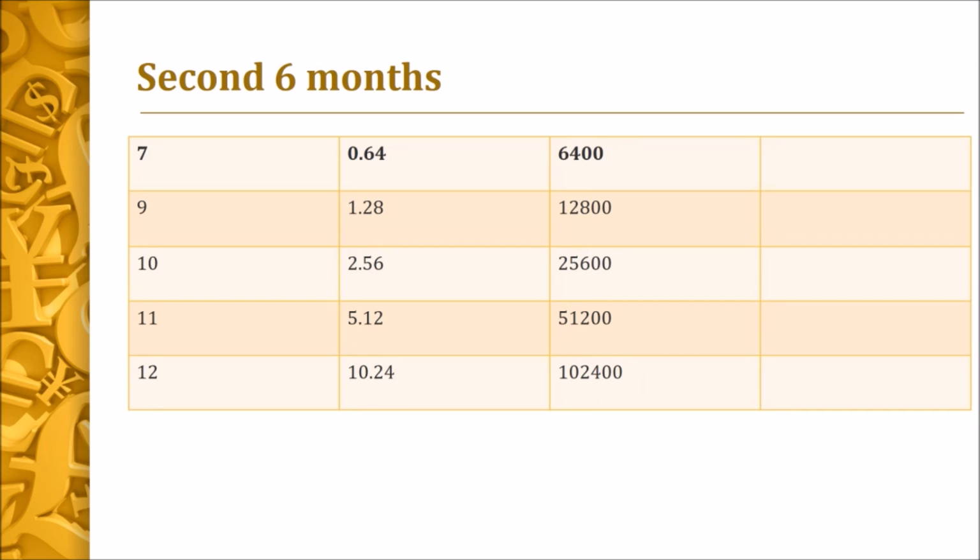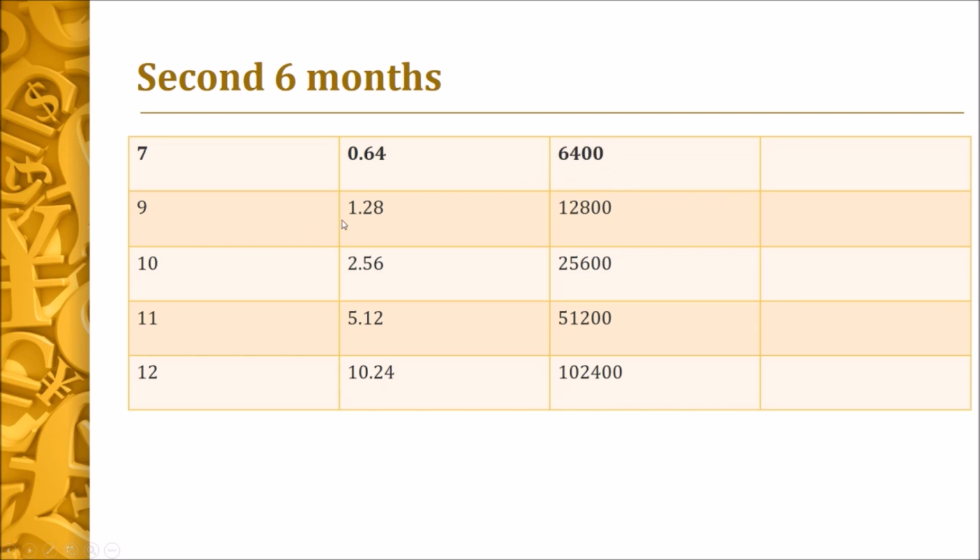So, in the second 6 months, the snowball will become bigger and bigger. In the first month of the last 6 months, you will be trading at 0.64 and getting 500 pips, you will earn 3,200, which when added on the previous balance, you will have 6,400.